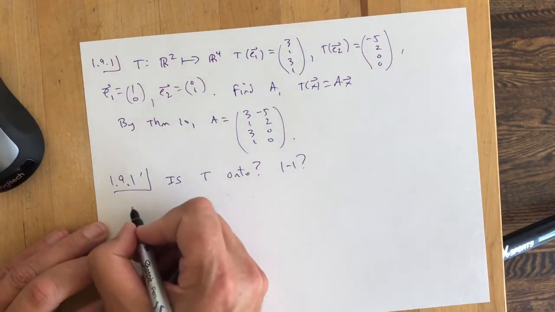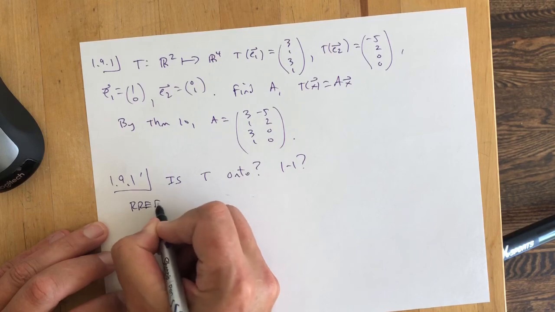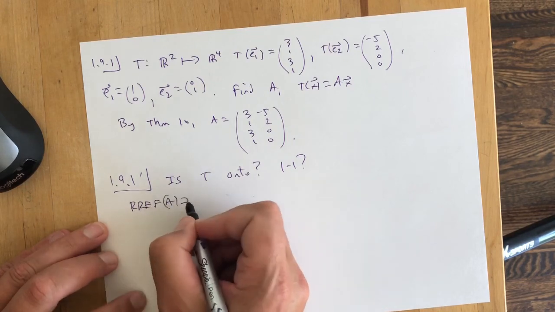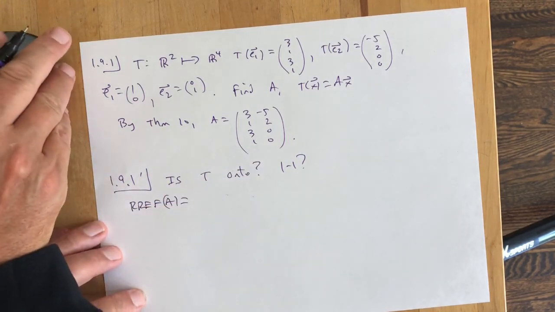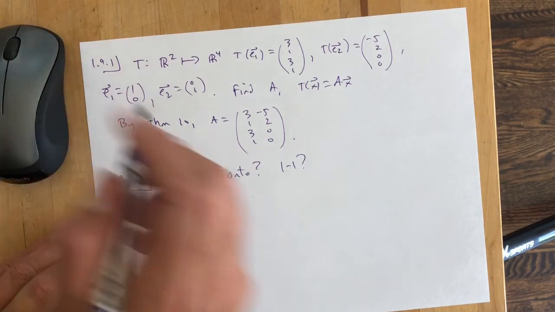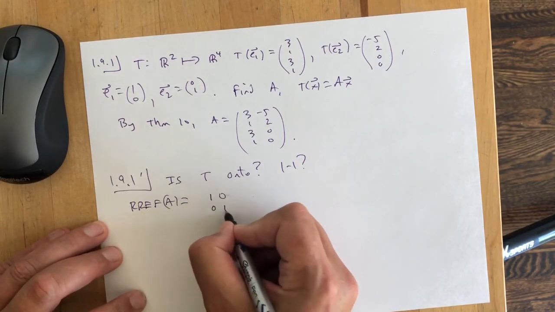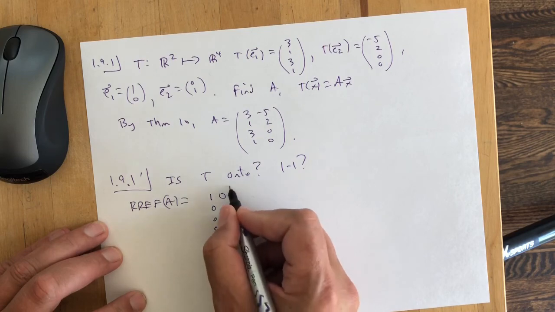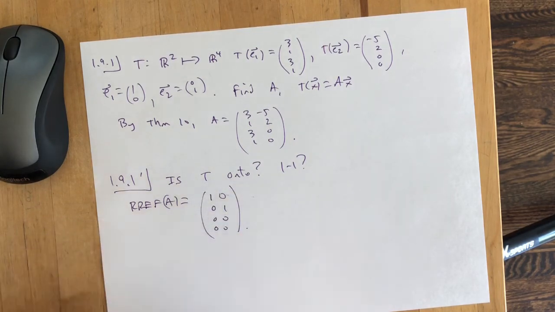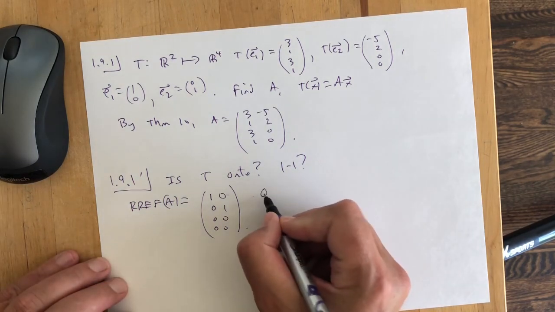Okay. The row-reduced echelon form of A is 1, 0; 0, 1; 0, 0; 0, 0. All right, so the question is, is it onto R4? And is it 1 to 1? So here are questions.